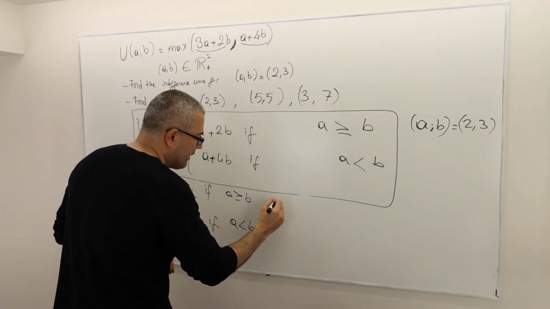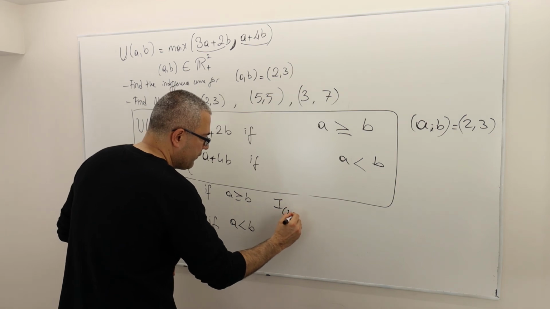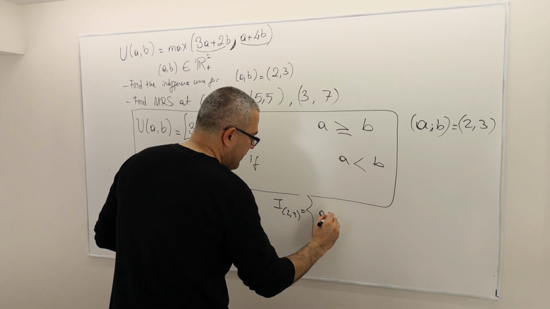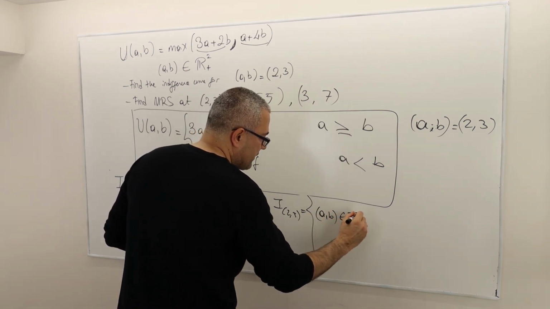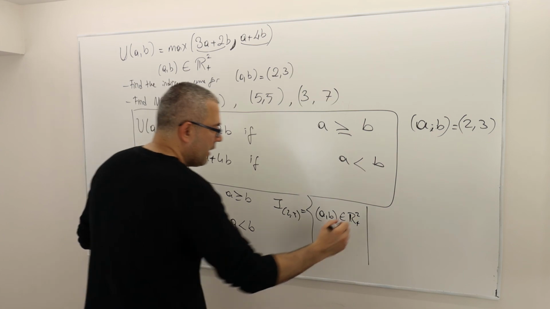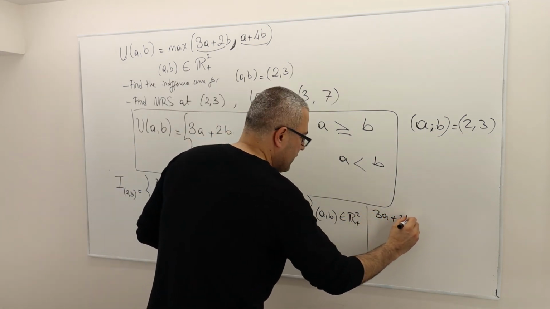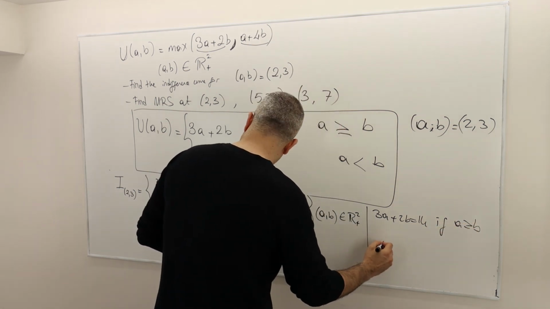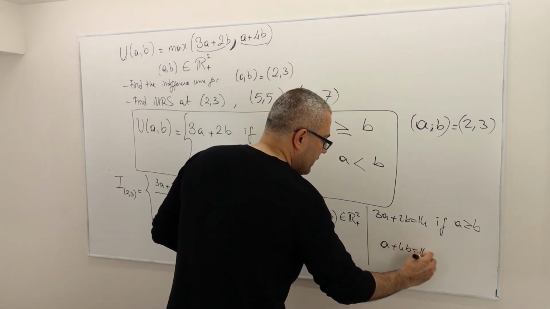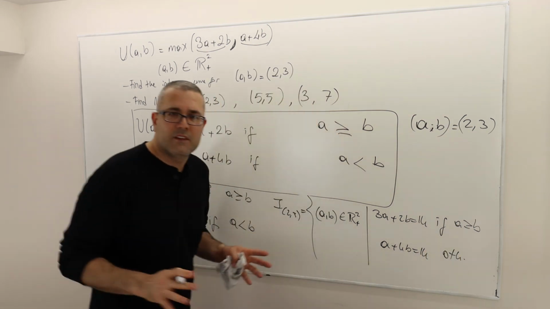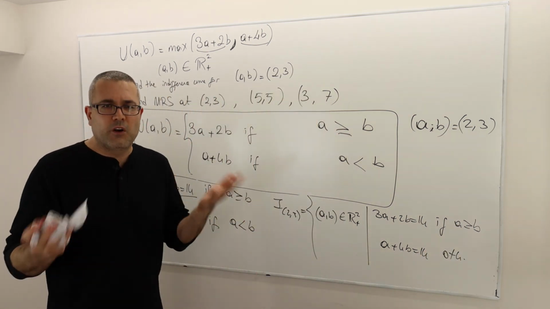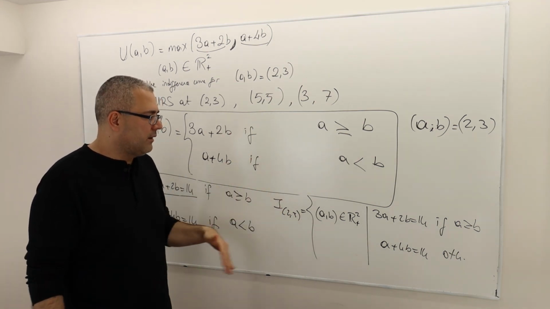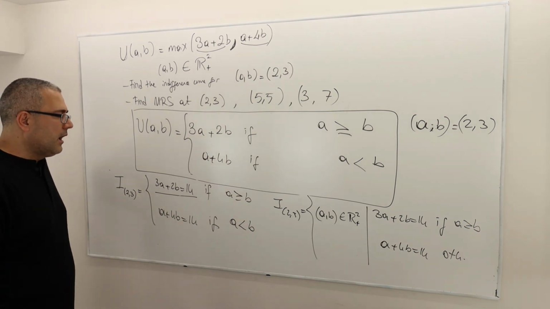It would be something like: the indifference curve of (2, 3) is equal to the A's and B's in this set such that 3a plus 2b equals 14 if a is greater than or equal to b, and a plus 4b equals 14 otherwise. All right, something like this. There are a bunch of different ways of writing this, but that's the shortest description, and so I prefer to write it this way.